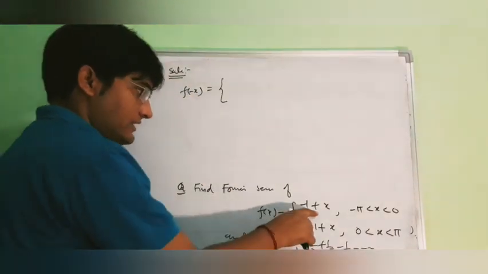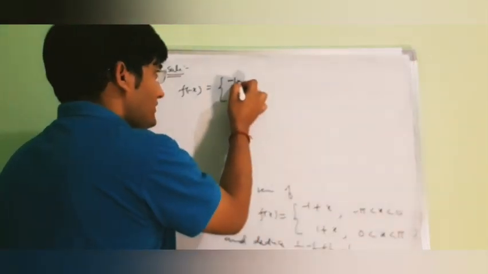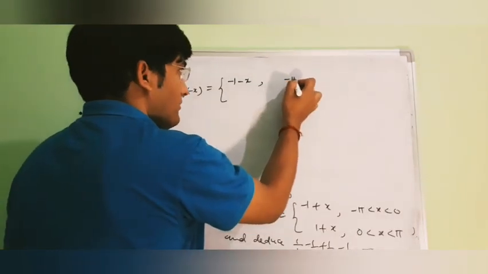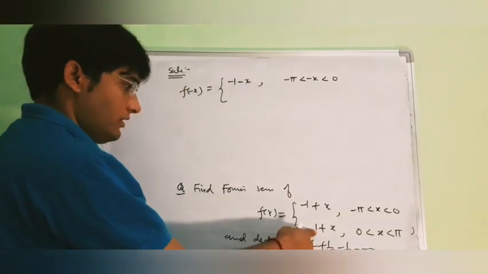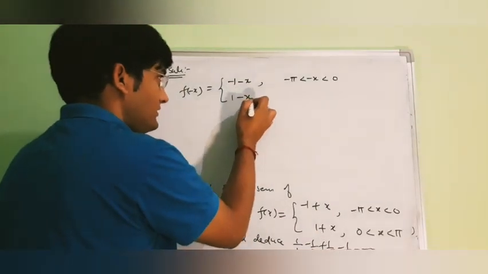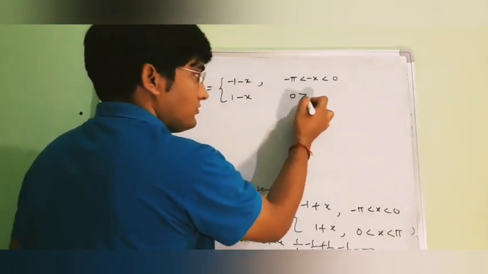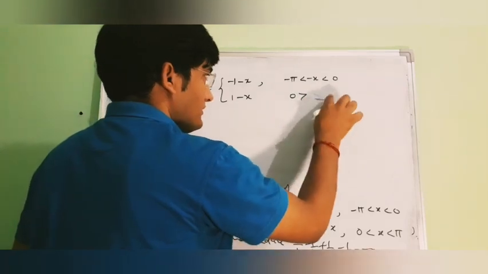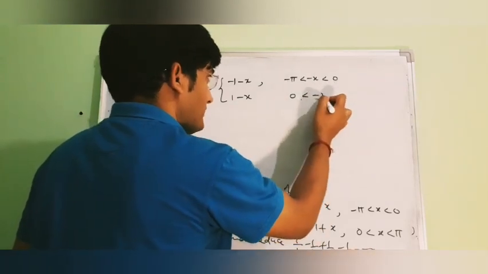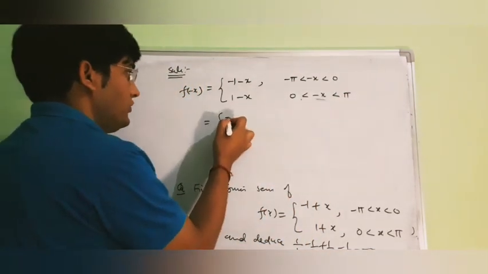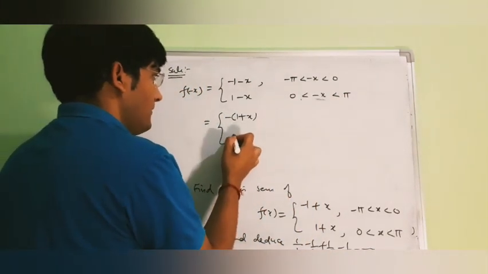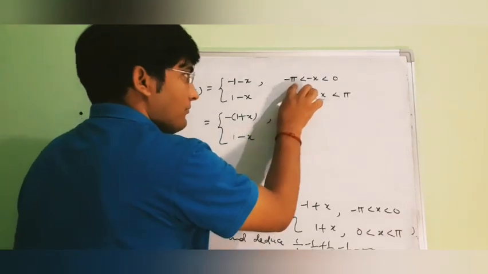If we replace x by minus x, then this will be 1 minus x for minus pi less than minus x less than 0, and here we will have 1 minus x when 0 is less than minus x and less than pi.